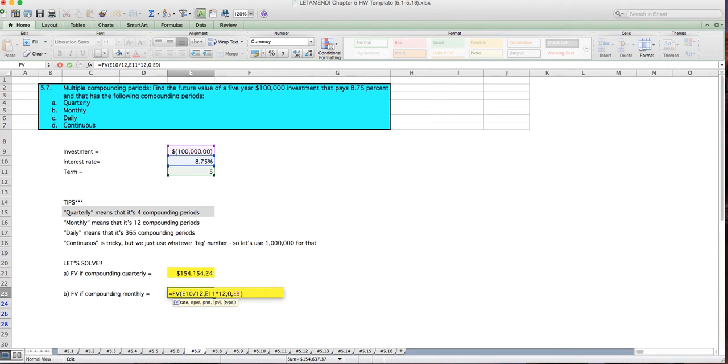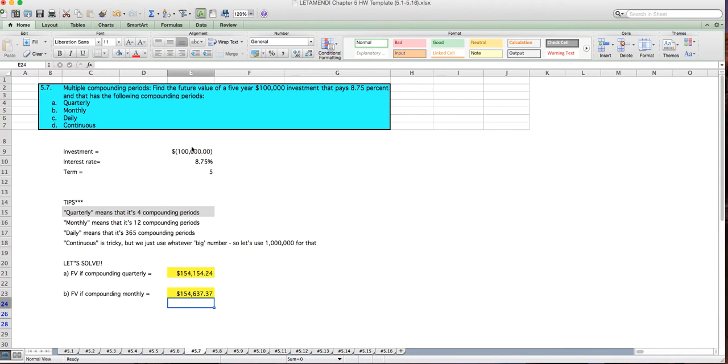Then for the period, we're going to do the term times 12, comma, 0 for the payment, comma, present value is going to be 100,000. And then when you click enter, you get your answer, and that's $154,637.37. All right.